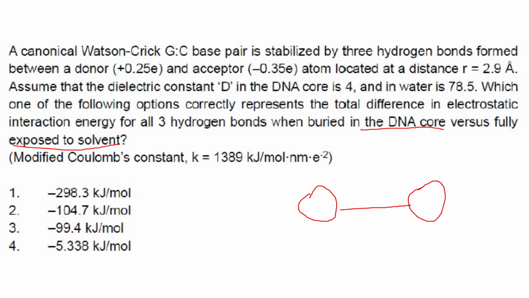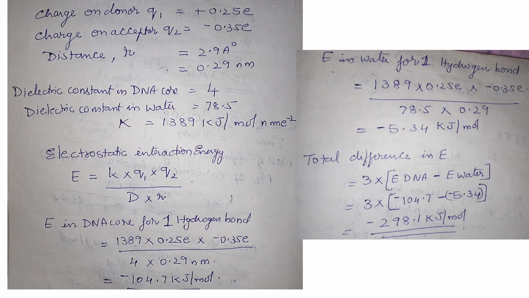For all the 3 hydrogen bonds you have to find out the difference in electrostatic energy. The charge on the donor is already given, and the acceptor also. The distance between these 2 charges is also given. The dielectric constant in the DNA core and in water are also given. K is the constant, that is also given. Now you have to find the difference in electrostatic energy for all the 3 hydrogen bonds.